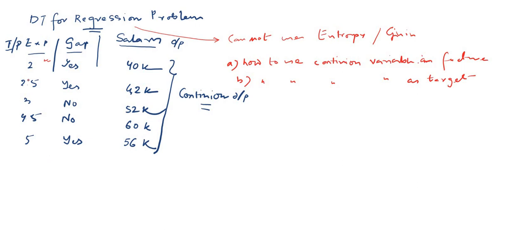First thing first, in this case you have to sort the data. In our case experience is already in sorted order, so remember this thing. That's our first step. Then we will start from the very beginning. We'll first assume that we start our split using experience and this first value.